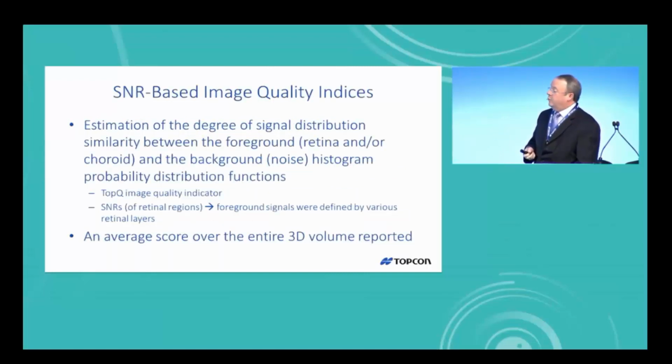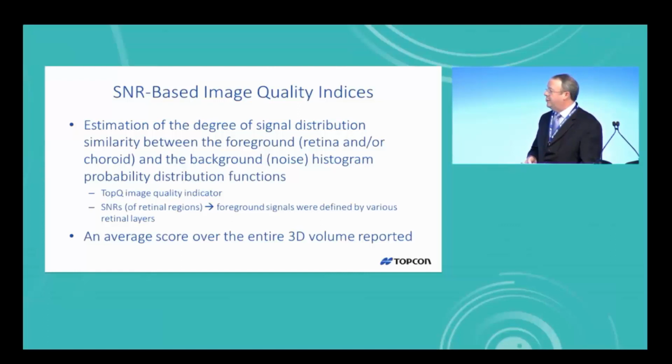Now, we used SNR-based image quality indices that measure the degree of signal distribution similarity between the foreground signal and the background signal, and I'll discuss those in the next slide. And we have two different measurement indicators.